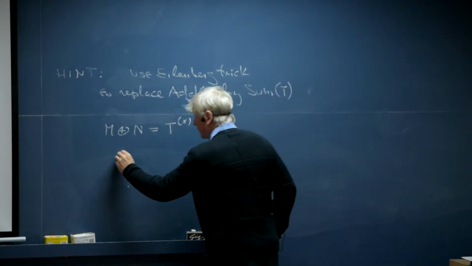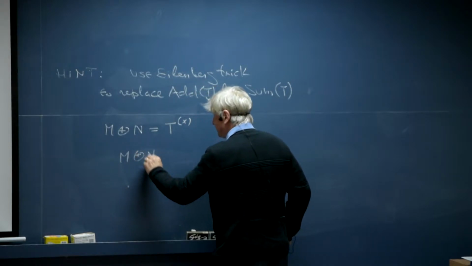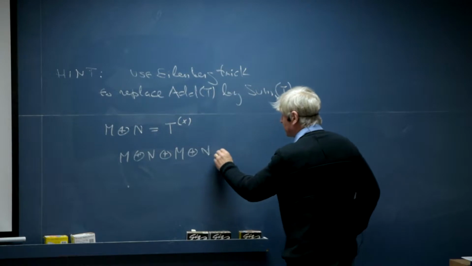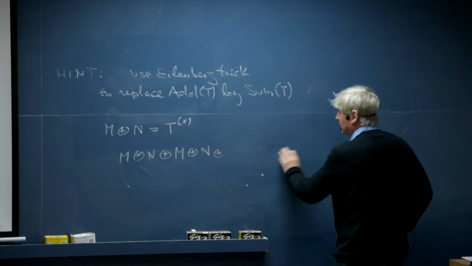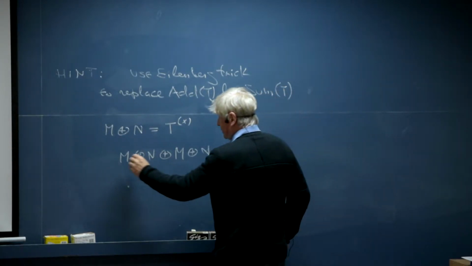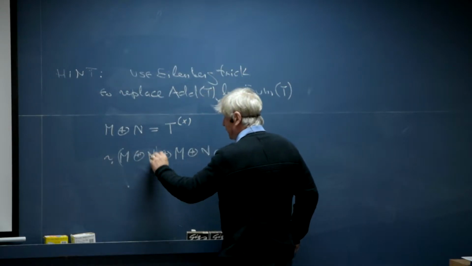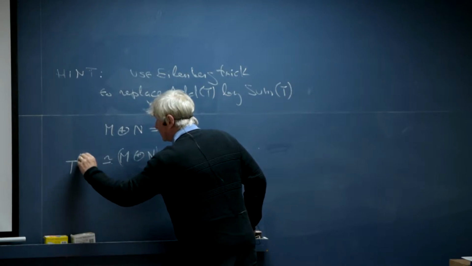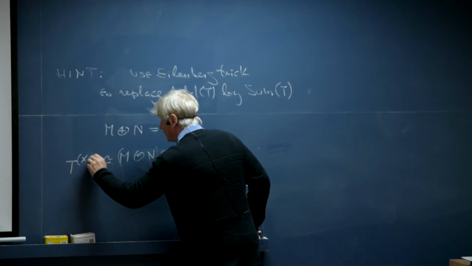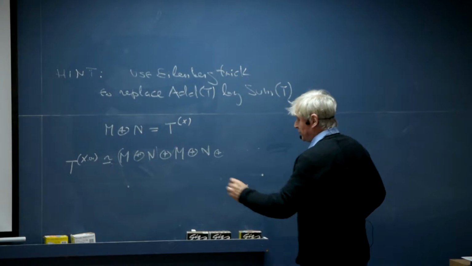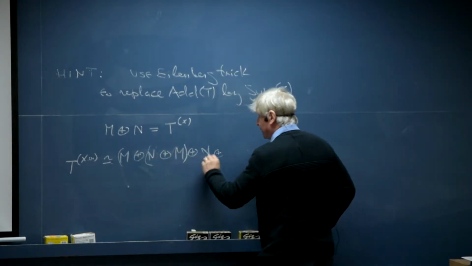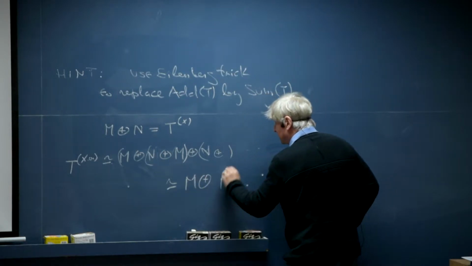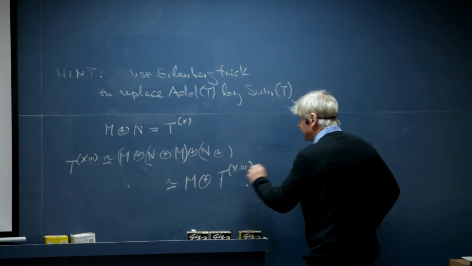the Eilenberg trick tells you that if you write this sum countably many times, and if you put the brackets like this, it's just T^X times omega. But you can also put the brackets this way, and then this is isomorphic to M plus T^X times omega.